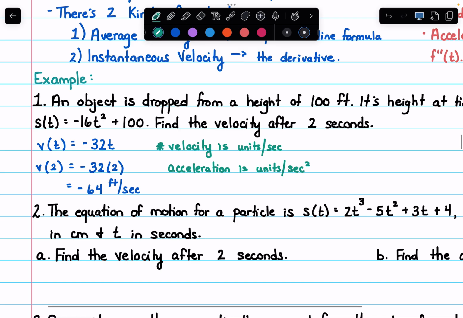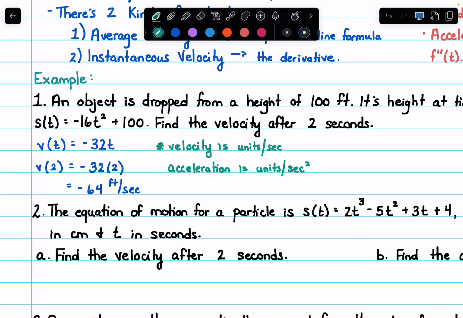So whatever unit, in our case it was feet per second for velocity. How is our velocity negative? Because I'm dropping it. An object is dropped from height. We're going to work one in a second where it doesn't make sense that it's negative, and we'll have to do the positive of it. We'll see.